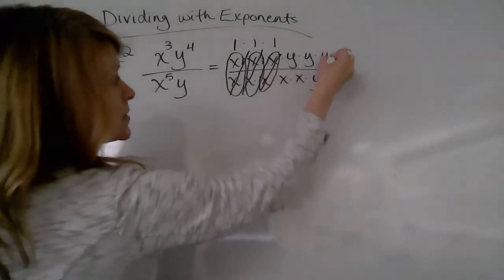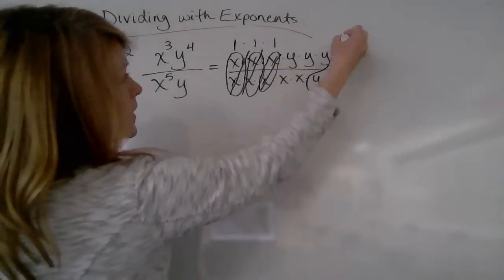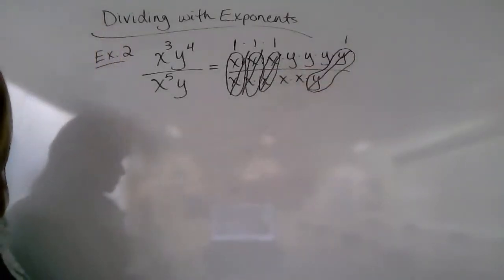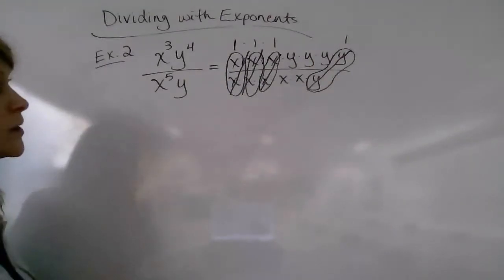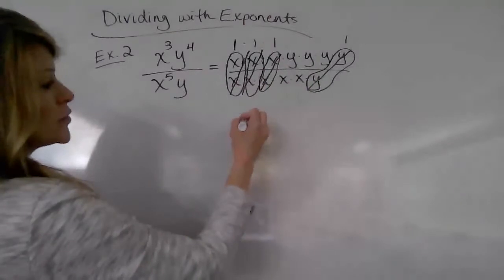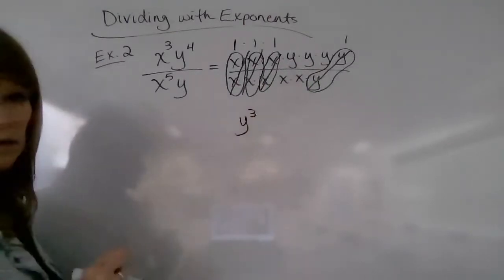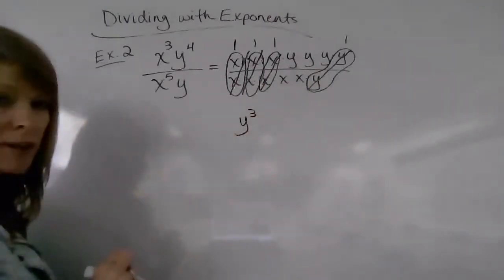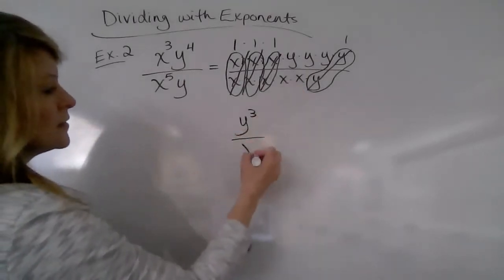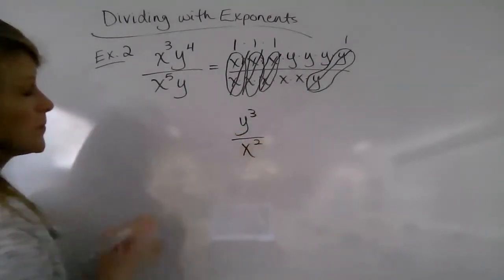So let's go ahead and cancel these out to equal 1. Y over y also equals 1. So now we look at what's left. I have 3 y's in the numerator. That becomes y to the third power. Y times y times y, y to the third. In our denominator, x times x, x to the second power.